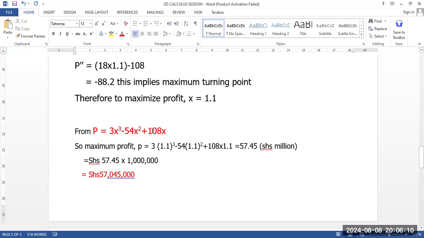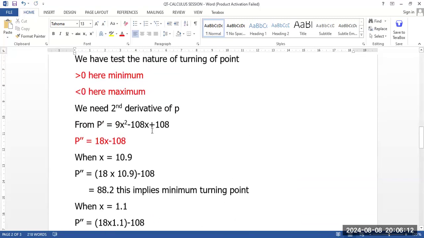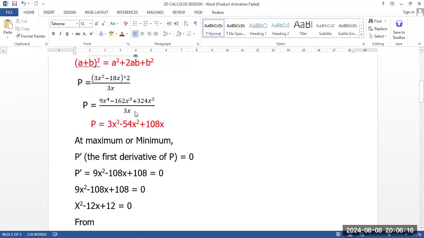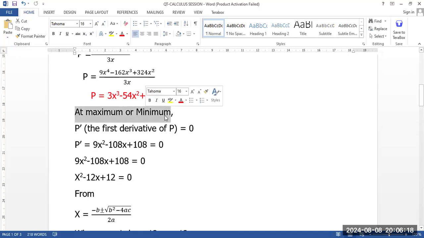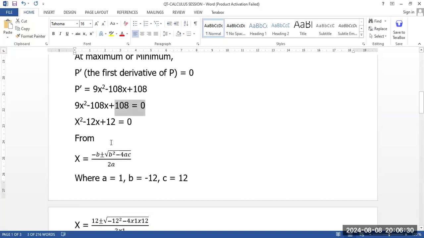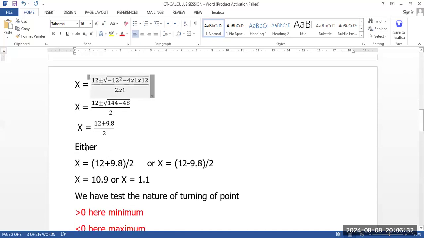So any question here? Have you understood the steps we follow? At maximum or minimum, the first derivative is always equal to 0. So what is the first derivative? The first derivative is this. We equate it to 0. Then you look for the value of x.